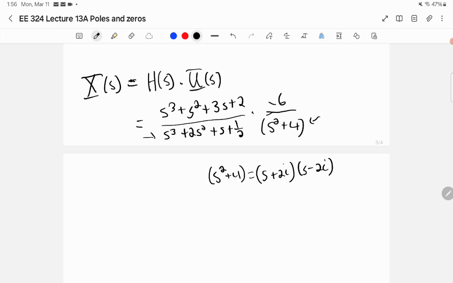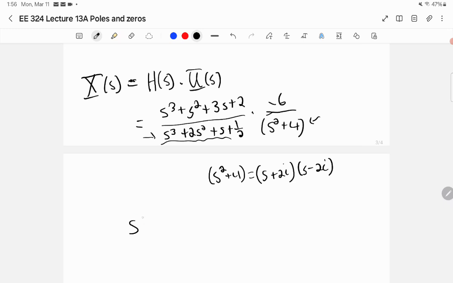So we already know that in the end we should get some kind of sinusoidal response because of this function, regardless of what happens over here. And actually over here we get imaginary roots as well.